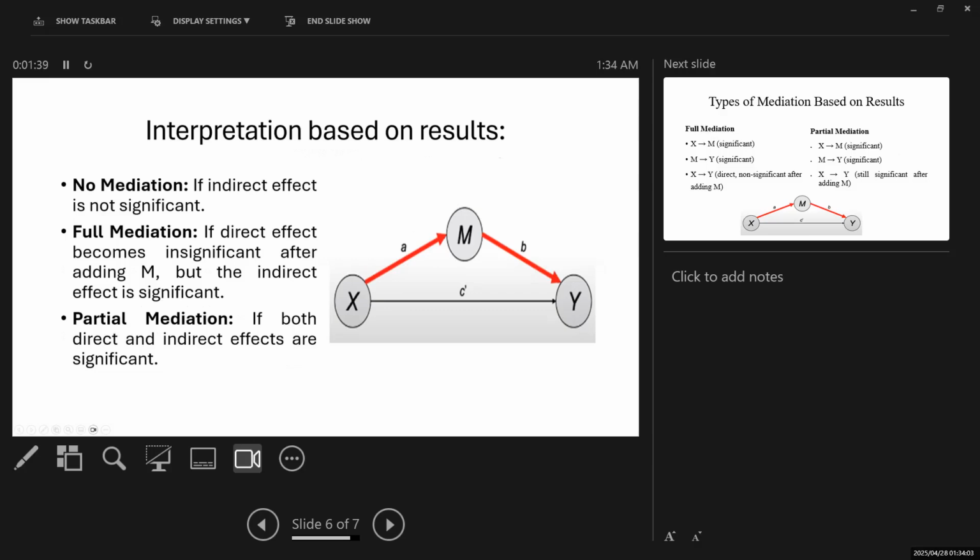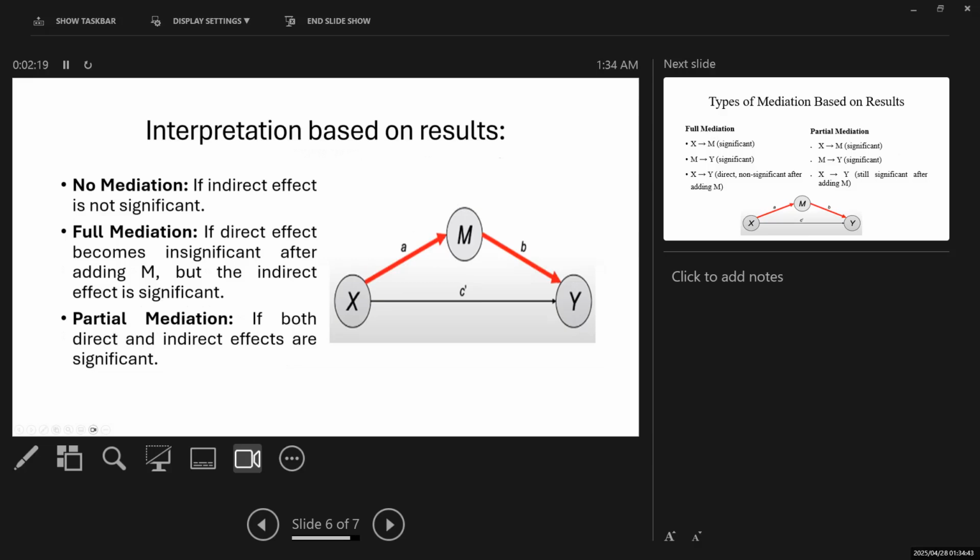So when we're using this concept, you want to understand how to interpret your results based on your analysis. First of all, no mediation: if the indirect effect is not significant, that means path a, X related to M, or path b, M related to Y, is not significant, then there is no mediation.